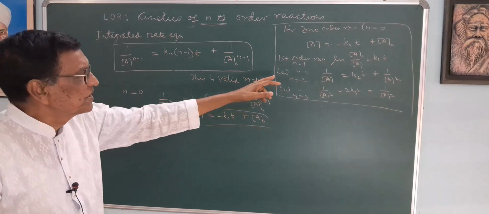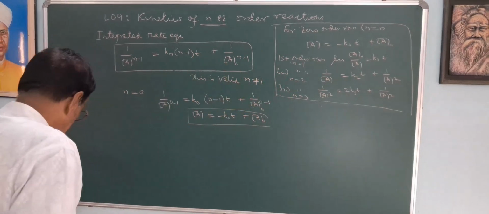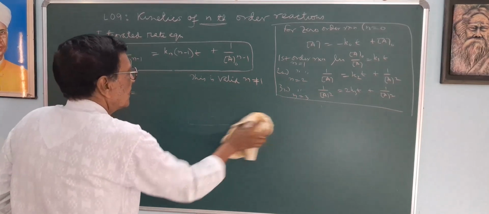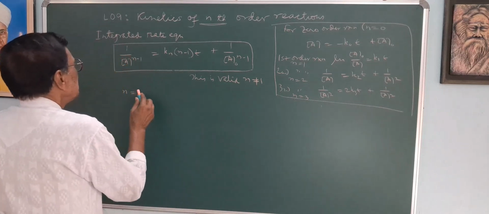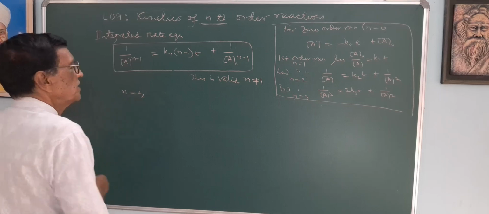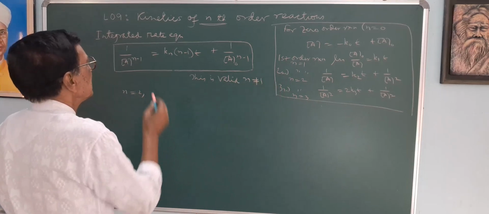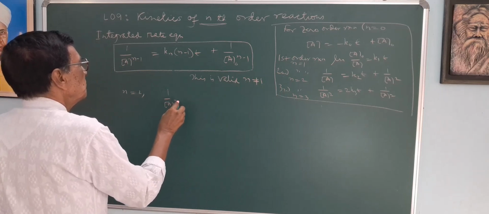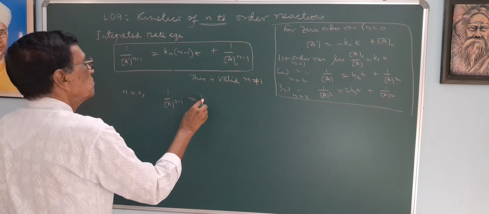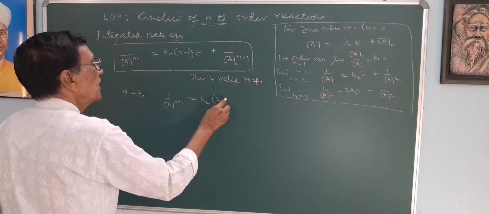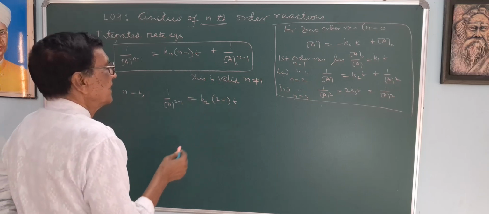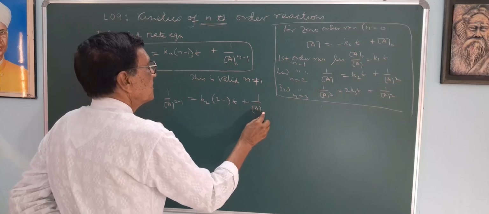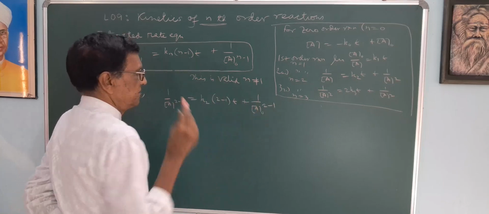So if we put n equal to 2, then 1 by concentration of A to the power 2 minus 1 equal to K2 into 2 minus 1 T plus 1 by concentration of A0 to the power 2 minus 1.